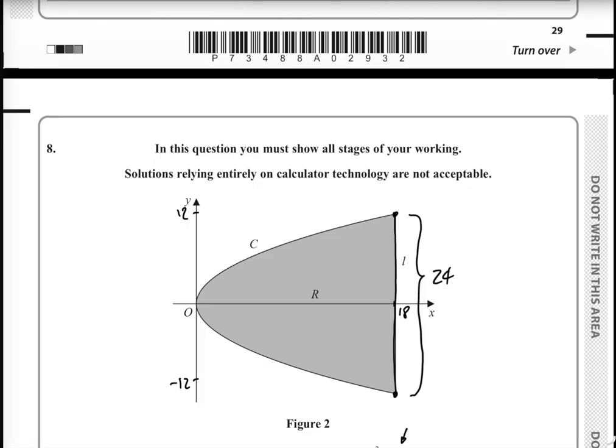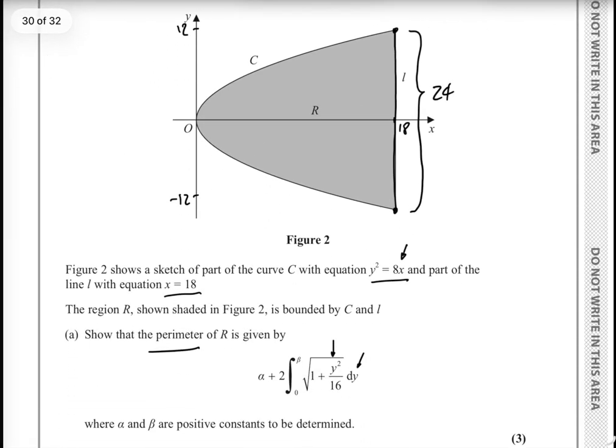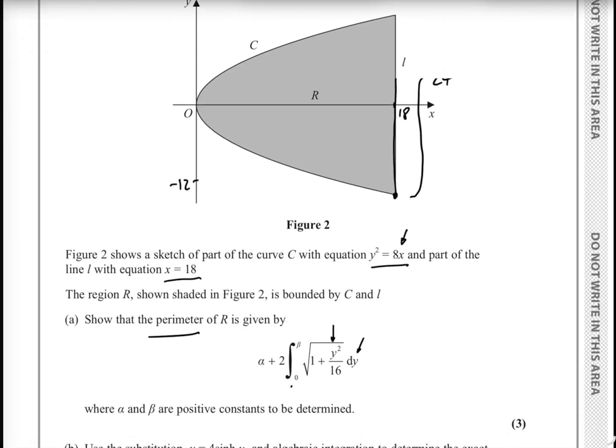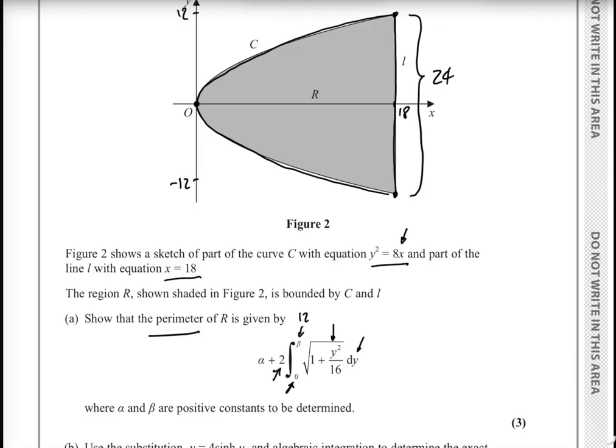Now rather than going from minus 12 to 12 as our limits, as I suspect here, it wants us from 0 up to 12. So we've already got beta, beta's 12. And then because we want this thing and this thing, we've got a 2 times multiplier here.